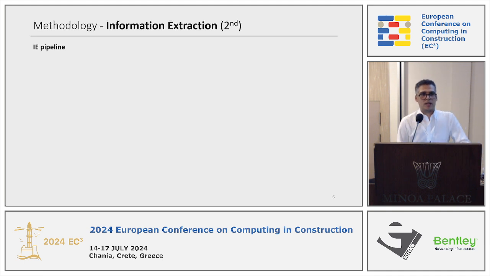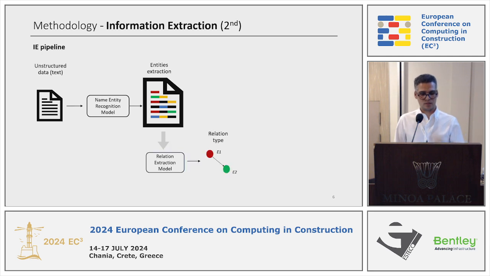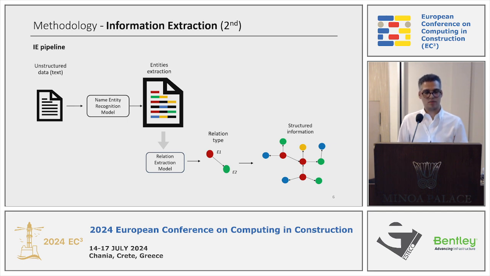For information extraction, the pipeline is: we have a text, apply named entity recognition, extract entities, apply a relation extraction model, define the relation between each two entities, repeat the process, and finally get the structured information.